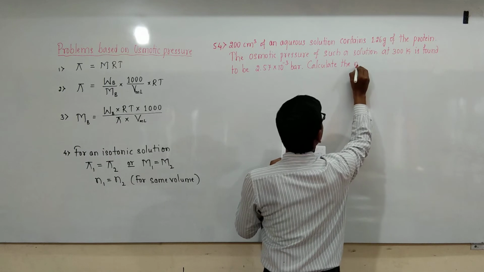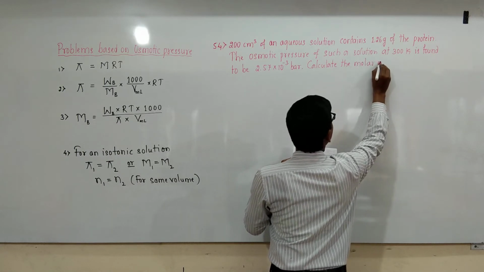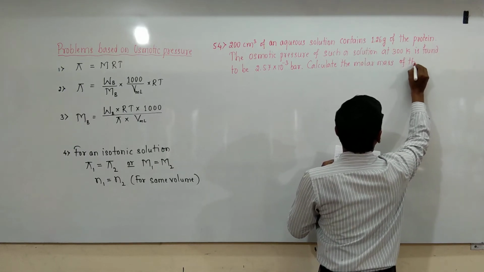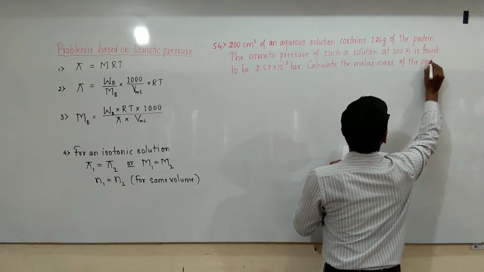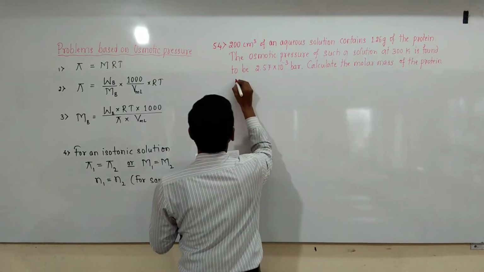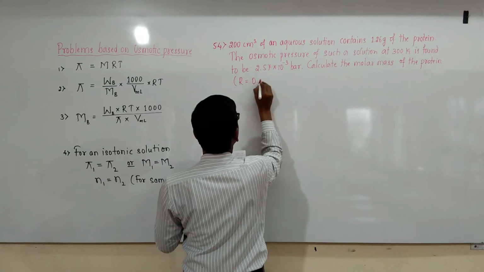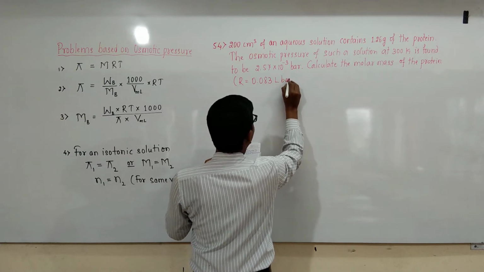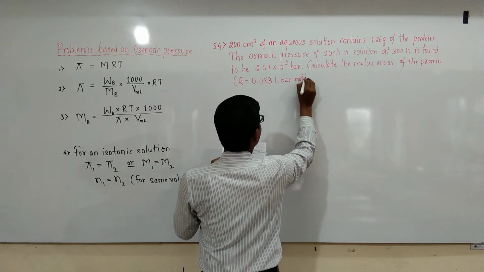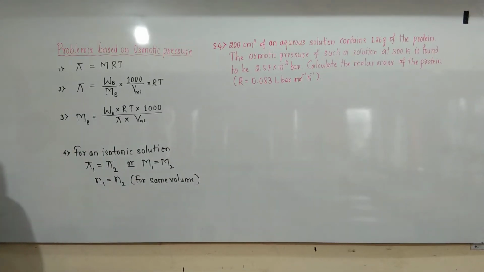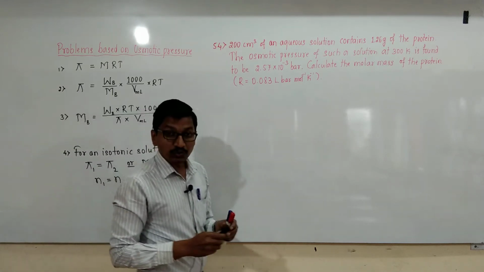Given R is equal to 0.083 liter bar per mole per Kelvin. This is the problem.